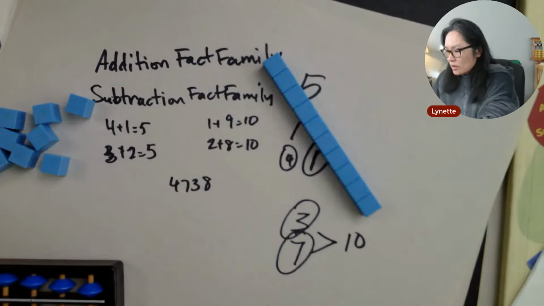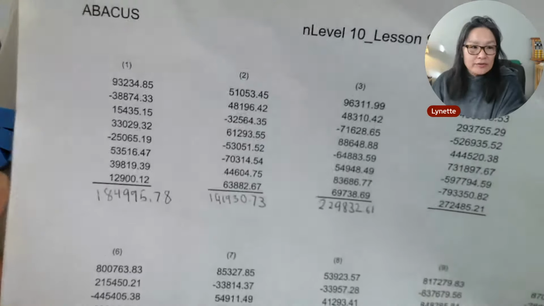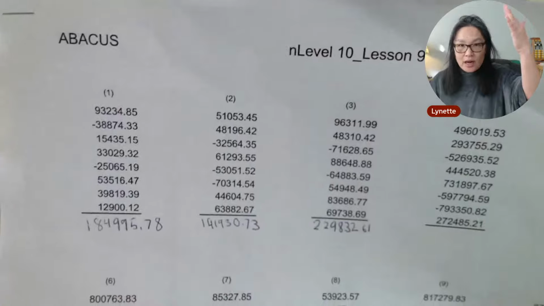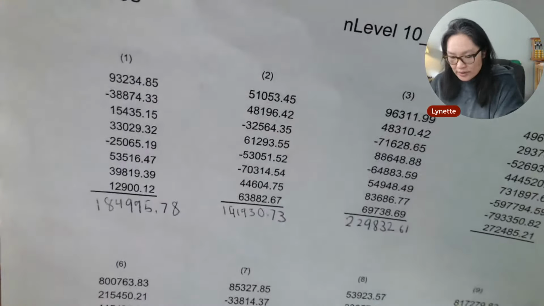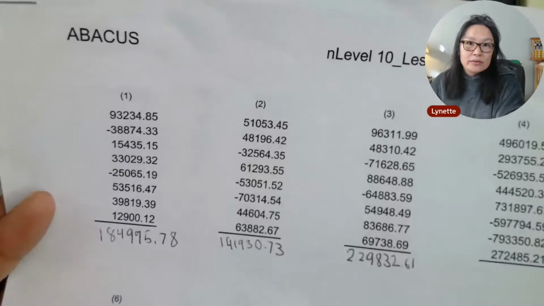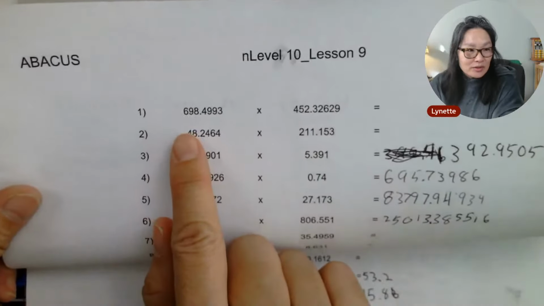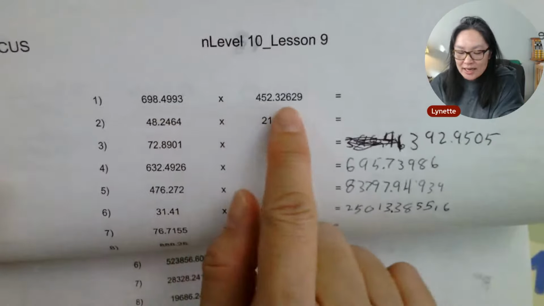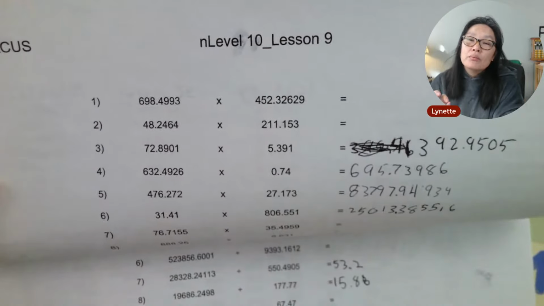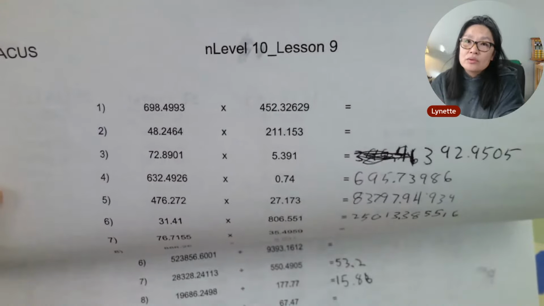Anyways, here's an example of a level, this is the top level. This is one of my kids when they went through the really boring abacus curriculum. We actually do decimals, and this is doing times. I don't know how pertinent it is to do decimals on the abacus.